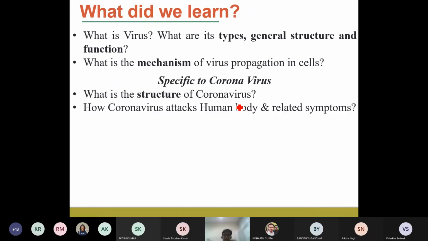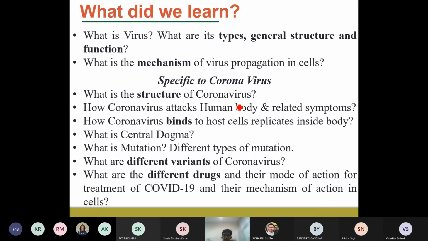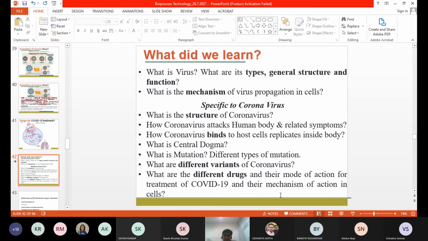So, coming to the summary of what we have learned. In this last slide, I guess by now everyone can tell what a virus is, and what the types of the virus are. We talked about how the virus can be classified depending upon the genetic material it has, so it can be RNA or DNA type, or it can be classified depending upon the type of the protein coat it has.